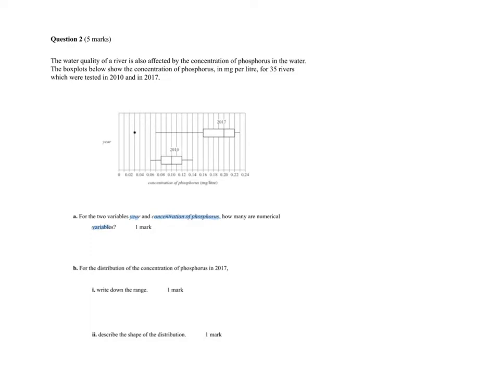So there's only one numerical variable, and that is the phosphorus. Just one. Okay, so this one is numerical and it's measured, so we could say it is continuous.